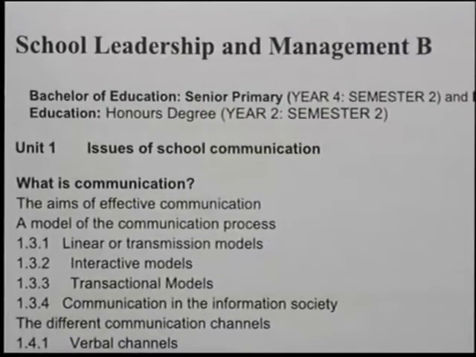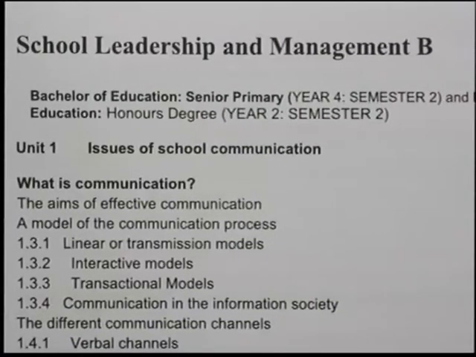Those doing the Honors Degree are in your second year, also in the second semester. So as you see there, I put this paper there: Bachelor of Honors Degree, second year and second semester, and Bachelor of Education, Senior Primary, fourth year and second semester. So you have the same outcome for this course.